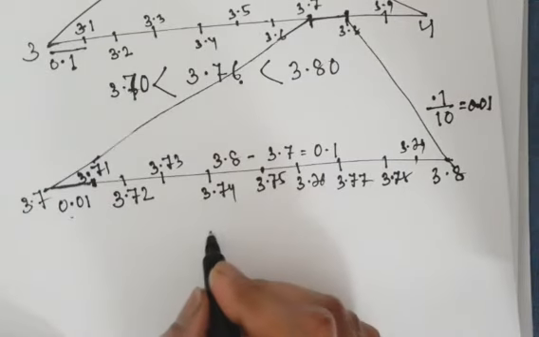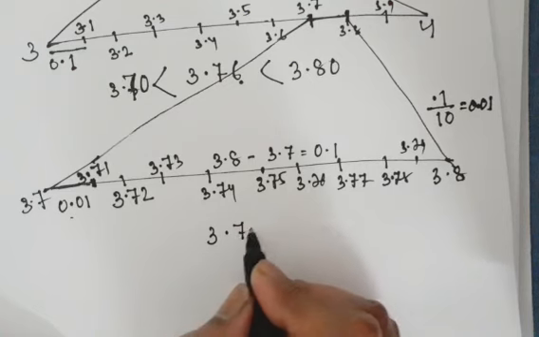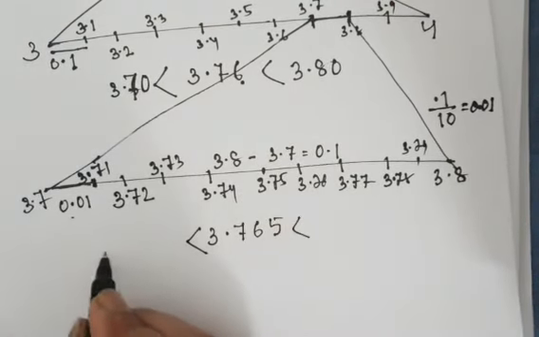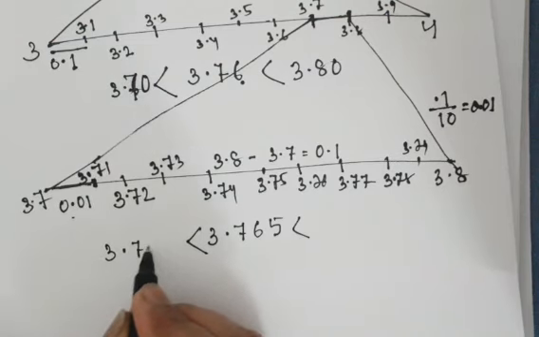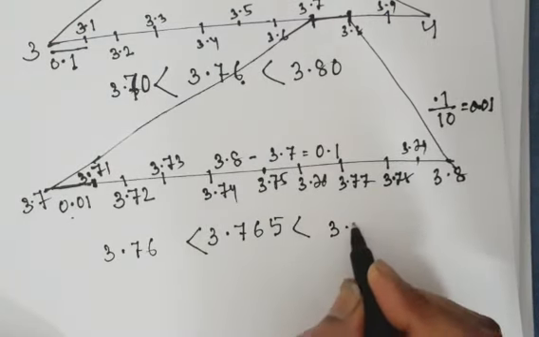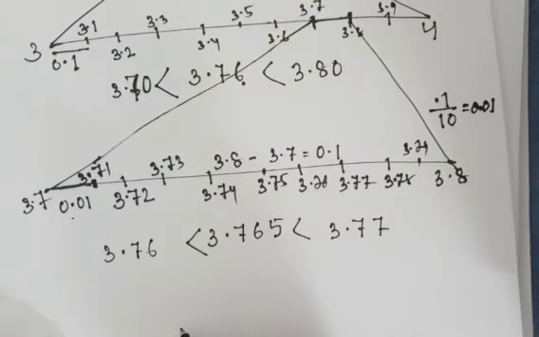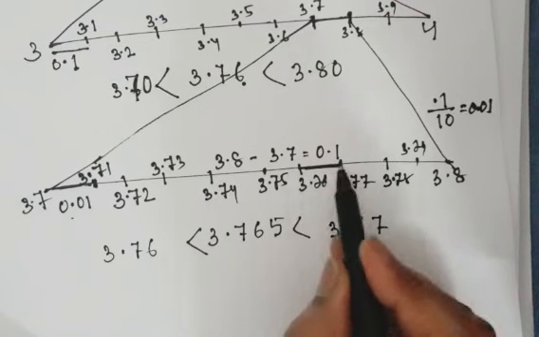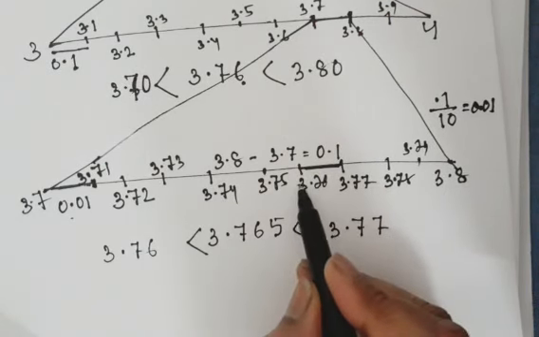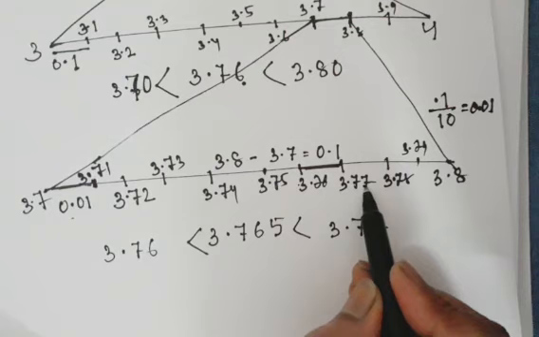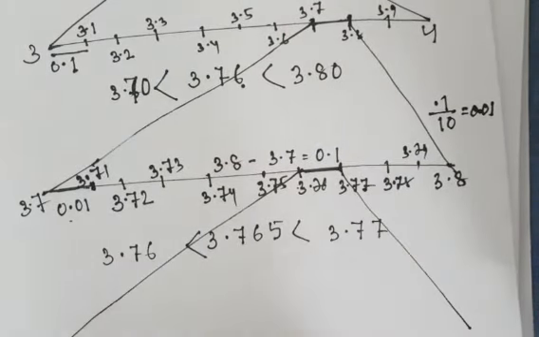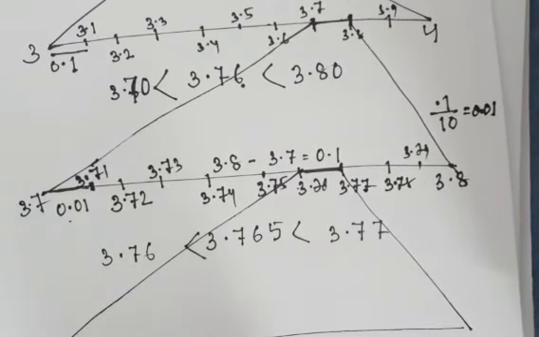Then come for 3.765. You see now 3.765 lies between 3.76 and 3.77. So it lies within this range, between 3.76 and 3.77. So now let us enlarge, magnify this line segment.